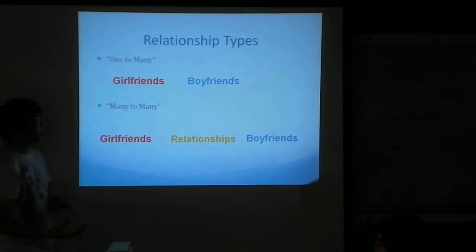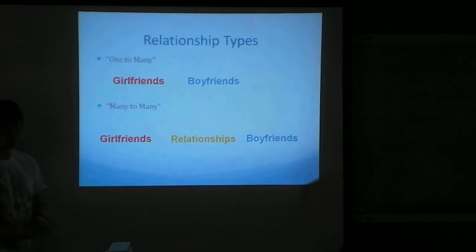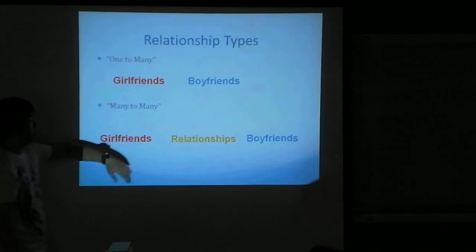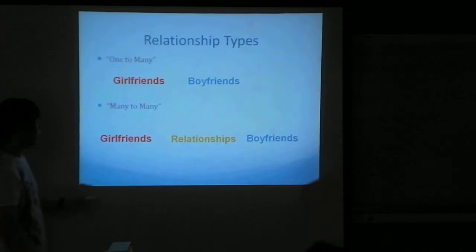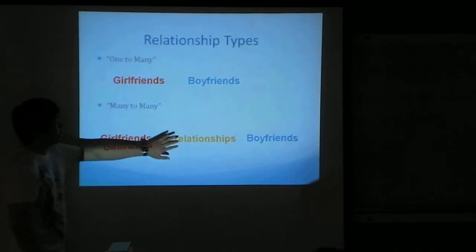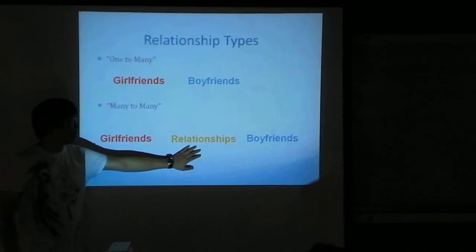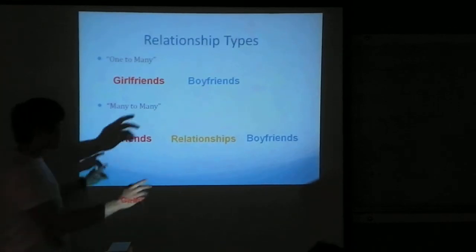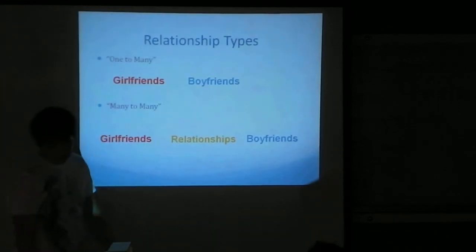The second time, when Bob tried to add an extra girlfriend, we created a different type of relationship, a many-to-many relationship. And when you have a many-to-many relationship, that's when you know that you have to have an extra table in order to keep track of the relationship between the other two tables.